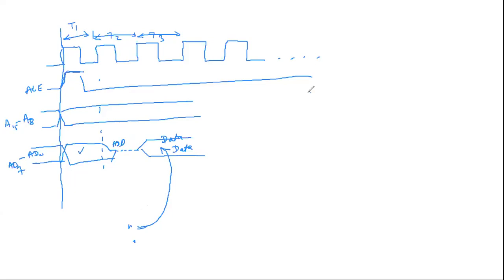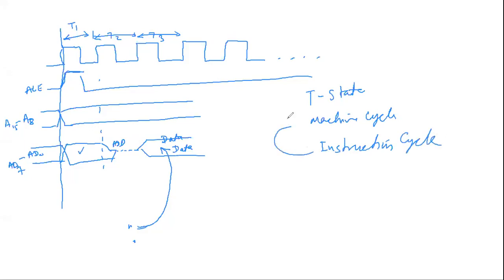So we have a concept of T states, we have the concept of machine cycles, we have the concept of instruction cycles. Instruction cycle may contain one or more machine cycles. A machine cycle may contain more than one T state.